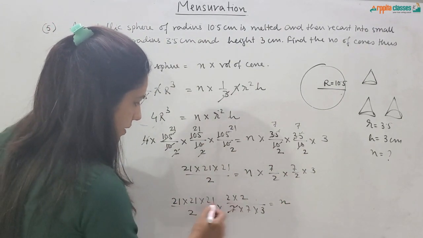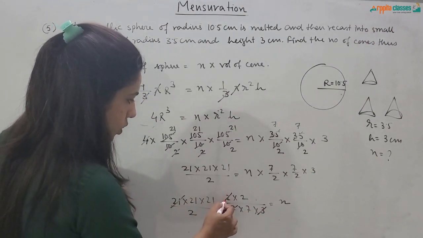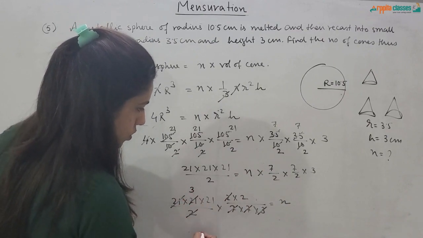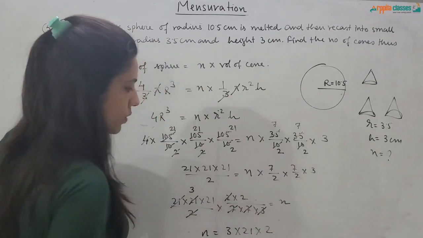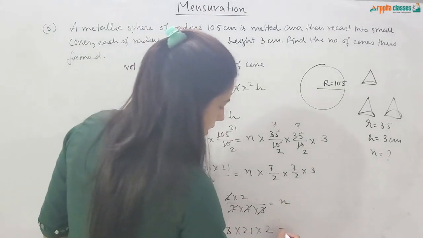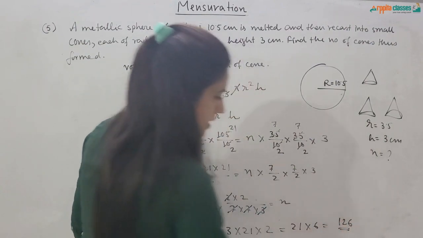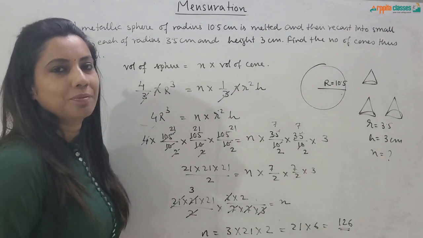So 7 into 3 is 21, 21 and 21 will get cancelled, 2 and 2 will get cancelled. So n is equal to 3 into 21 into 2. 2 into 3 is 6, so 21 into 6 is 126. Yes, 126 cones are formed.